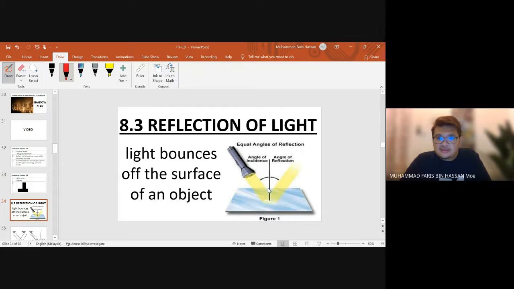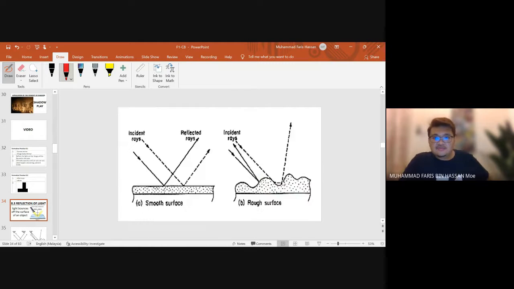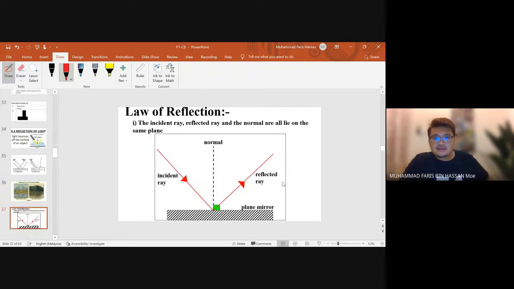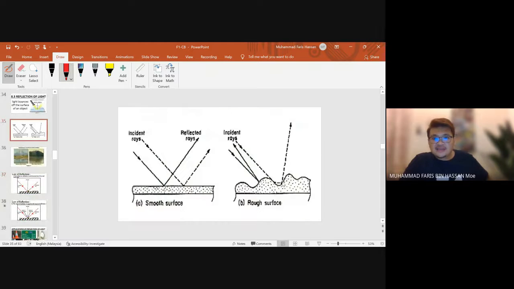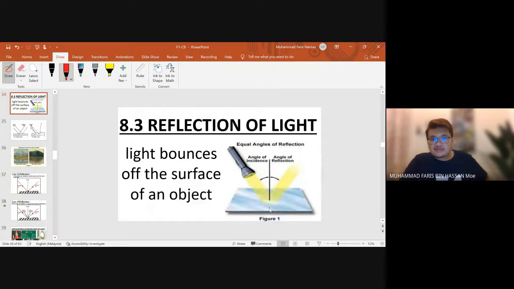As you can see here, we have the angle of incidence and the angle of reflection, and this is what we call the normal line. Yeah, this is the normal line. Based on this, we have the angle of incidence ataupun sudut tuju, and this one is the angle of reflection ataupun sudut pantulan.